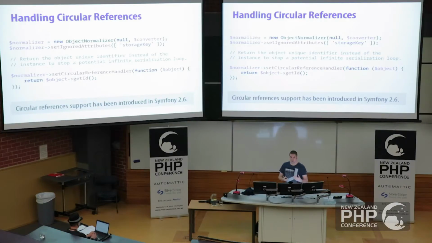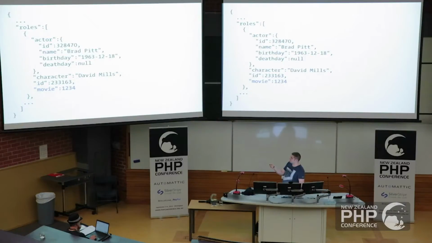So whenever the serializer serializes this object, it stores the ID in an array, and next time it will check if this object has already been serialized, so that it will not try to reserialize it and go into an infinite loop. So as you can see, we now have the movie object, which contains roles, and in roles we have actor object, but we are not reserializing the movie. We are just redisplaying this unique string we have computed, which is the ID of the movie.